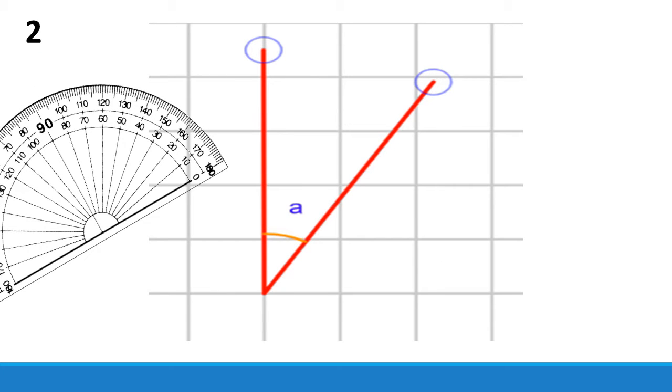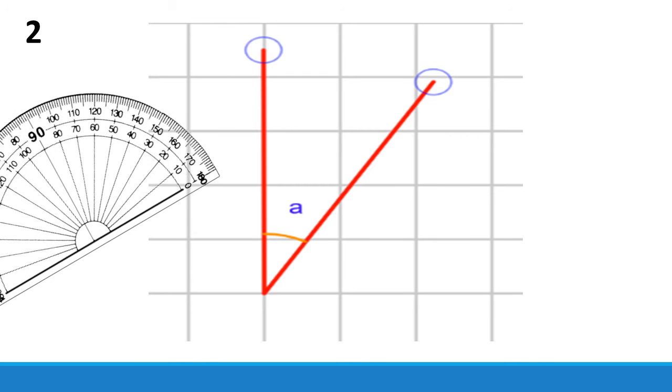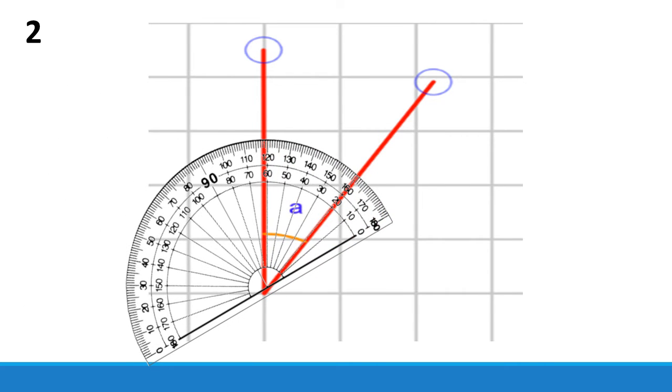Where would you put the protractor to measure this angle? Once again, keep your eye on this point, which will go on here where the lines meet. And then we need to straighten up so that the black line is in line with the red.